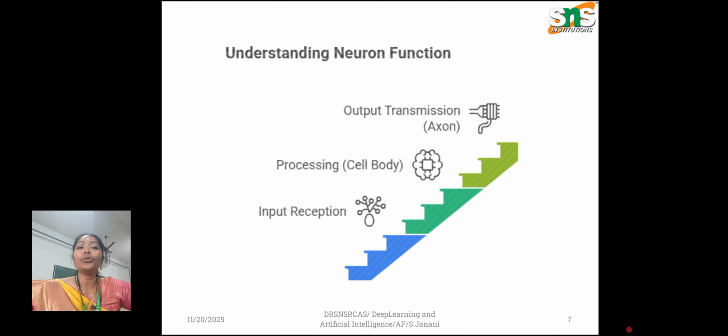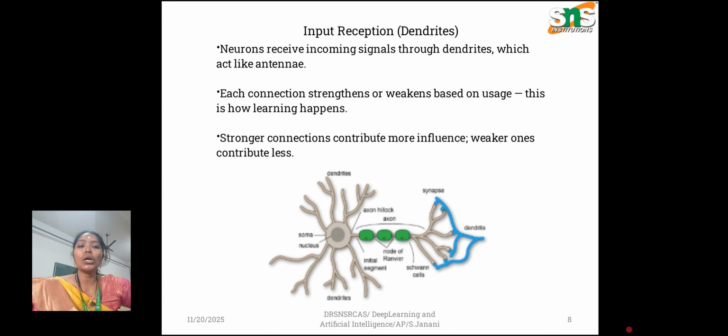So in understanding neuron functions, as we already said, it contains three parts. One is input reception and processing, which is done by the cell body, and the final one is output transmission, which uses the axon. First, the details of input reception, which is represented by the dendrites.